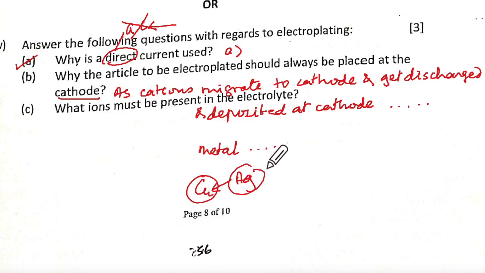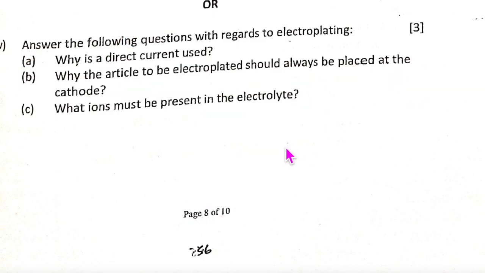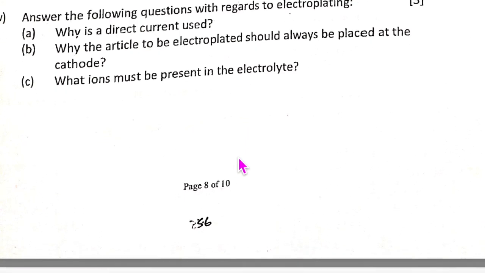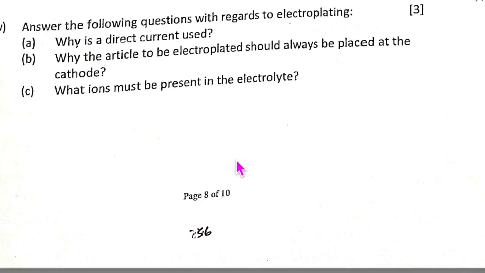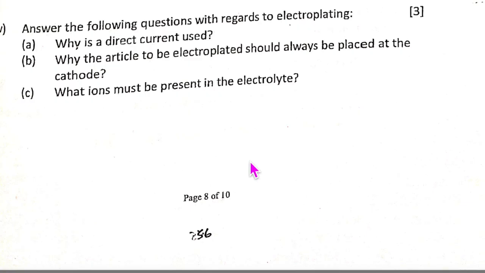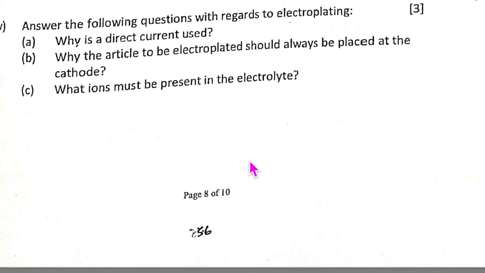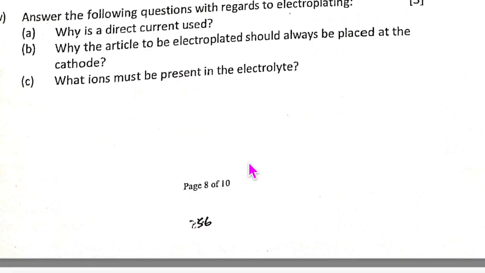And this is the coating of silver, the metal to be deposited. So don't say electroplated, okay? Ma'am, can we write the ions of the metal to be deposited on the article during electroplating? Yes. Please be very specific, don't confuse the examiner. Don't tell the examiner later on after the result, oops, but I meant that. It will be too late, no?